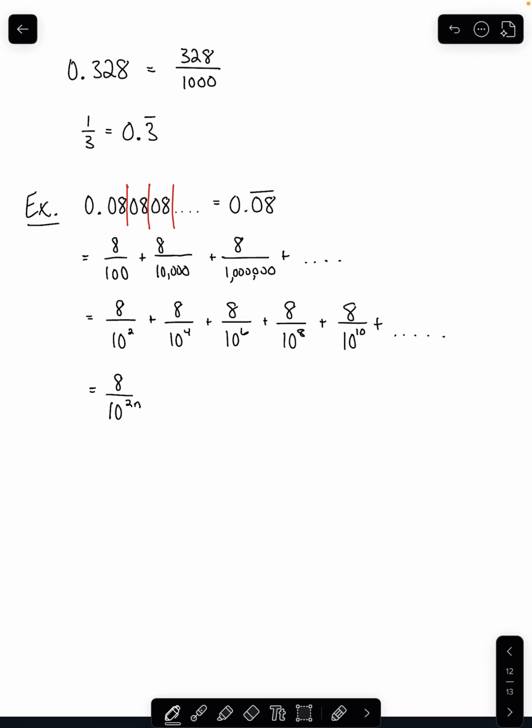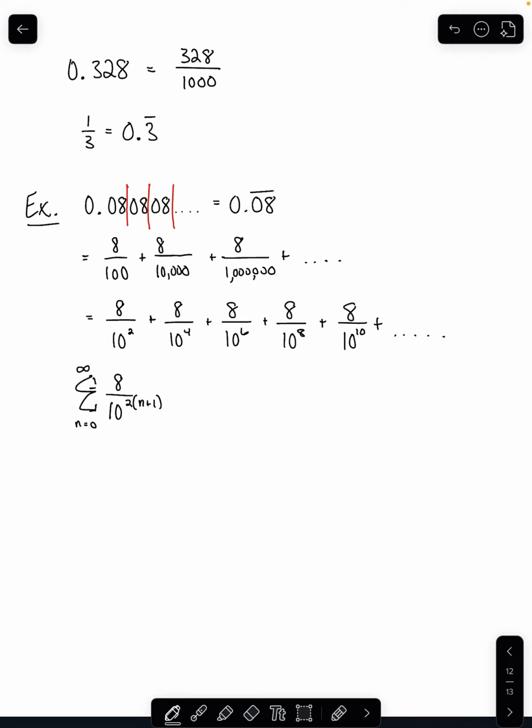So if we allow our series to begin at n equals 0, and we have our denominator be 10 to the 2 times n plus 1, when n is 0, we will get 10 to the first.